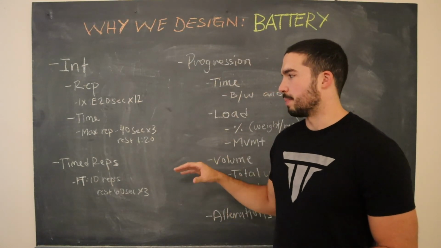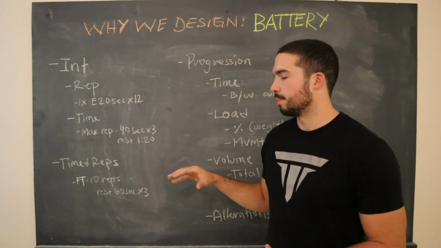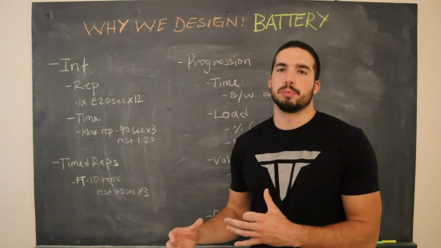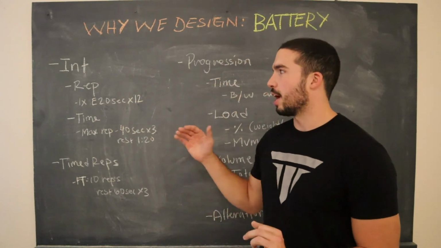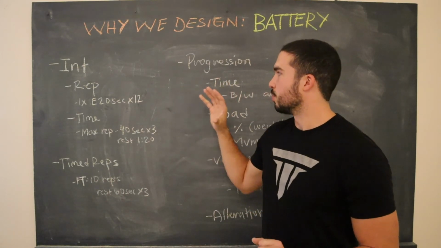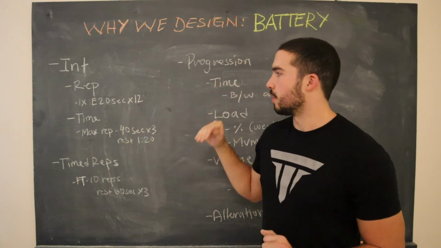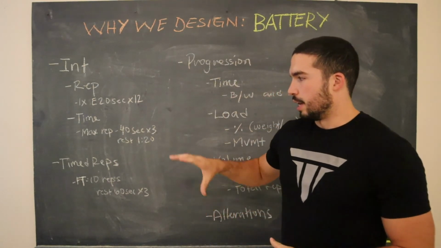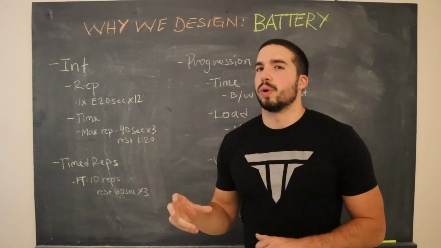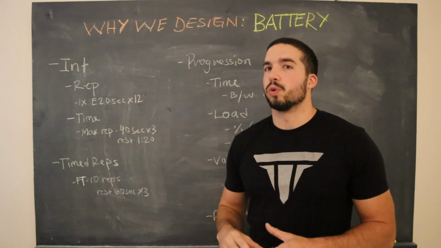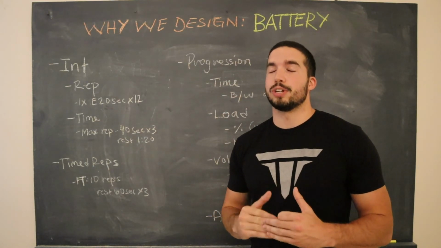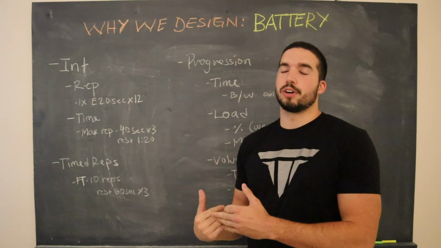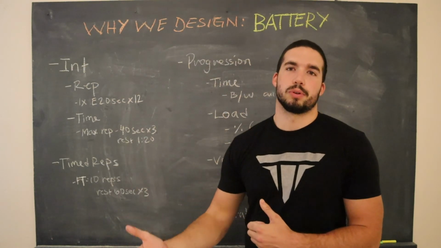An elite athlete might be able to adapt using a few variables each week versus one. A beginner athlete, I would probably try and stick with just one variable changing per week, whether that's time, total reps, or weight. Whereas an elite athlete, you might be able to increase the weight a little bit and increase the reps, or decrease the rest and then increase the number of sets or the total number of reps.